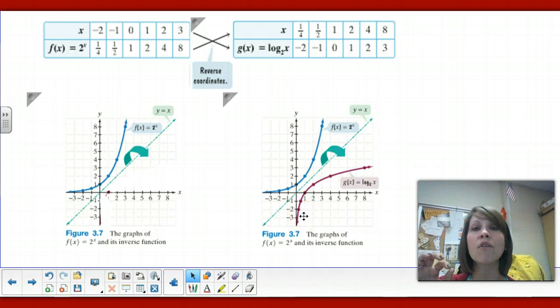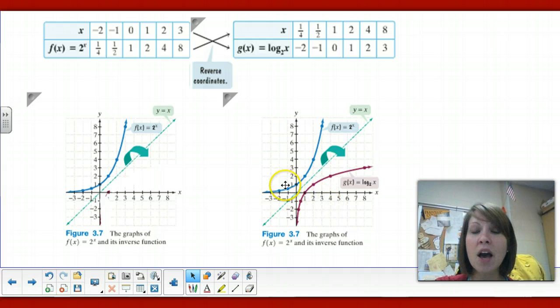Instead, it has a vertical asymptote. And instead of its range being 0 to infinity, its domain is 0 to infinity. Does that make sense? We switched x and y. So the range for exponential becomes the domain of the logarithmic.